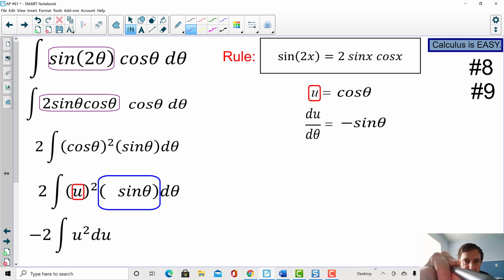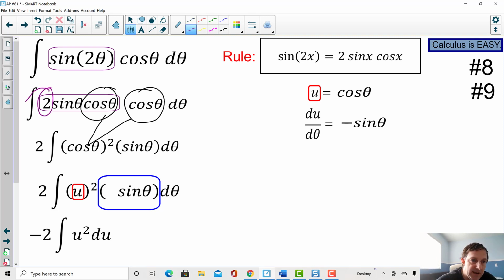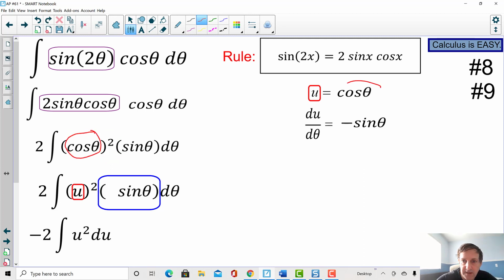Then we just organize it. We have cosine of theta times cosine of theta. So that's cosine squared. We can bring this 2 to the outside, so our 2 is now on the outside. And because we have cosine squared, we're going to choose our u to equal cosine of theta. Of course, the derivative is going to be negative sine of theta.